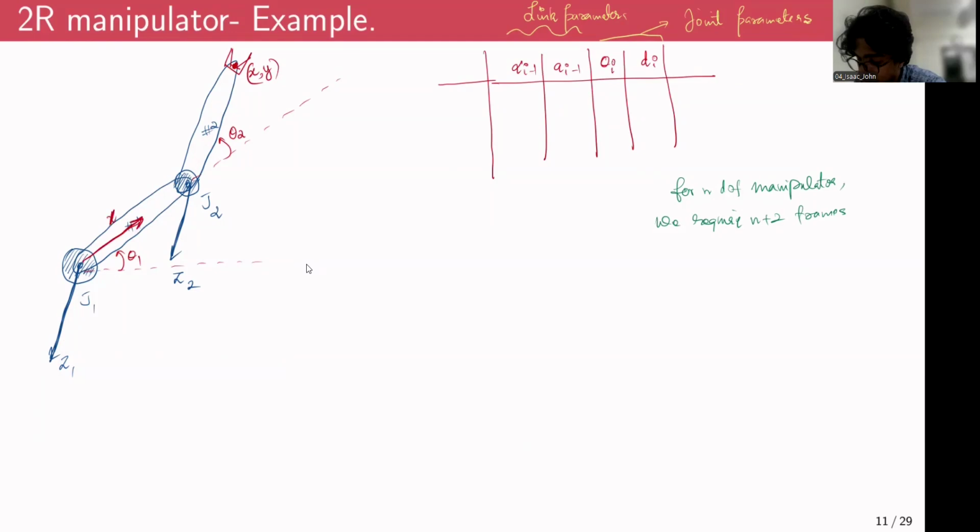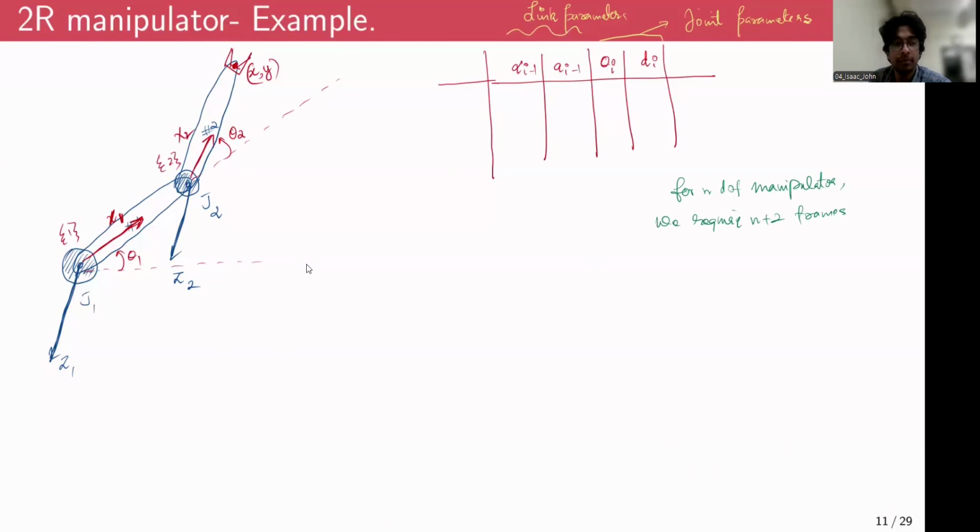This is going to be our x1 axis. And I'll keep the x2 axis like so, along the length of link 2. Now we have basically obtained the frames of reference for the two links. This is the first frame, and this is the second frame.